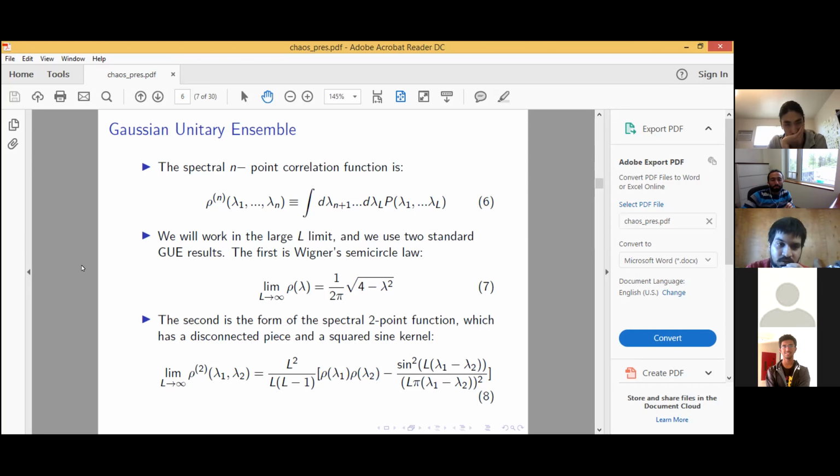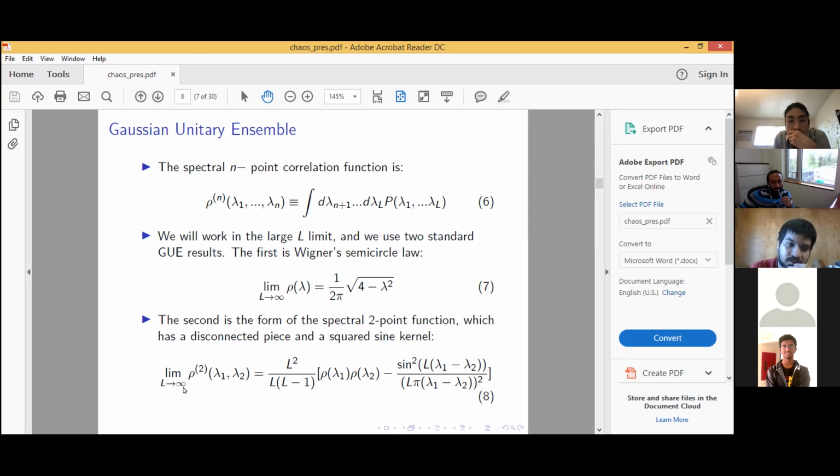And there are two standard results from random matrix theory. I don't know the proof of these two, but I'll just be stating them. The first is Wigner's semicircle law, which states that in the limit L going to infinity, the probability density of a certain eigenvalue is given by this form. And the second is the form of the spectral 2-point function, rho 2, as given in equation 6.